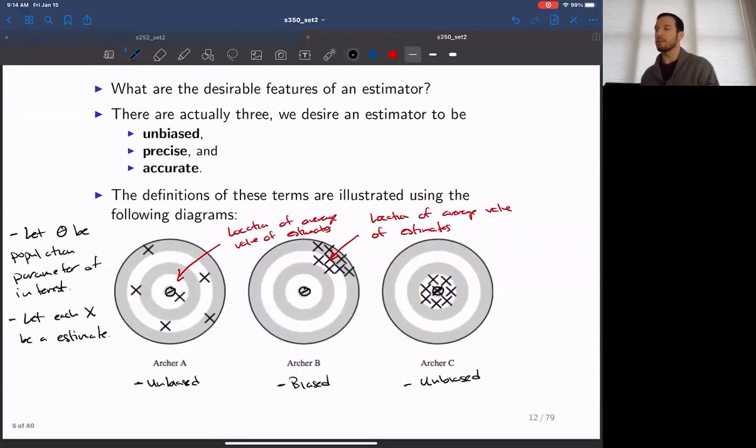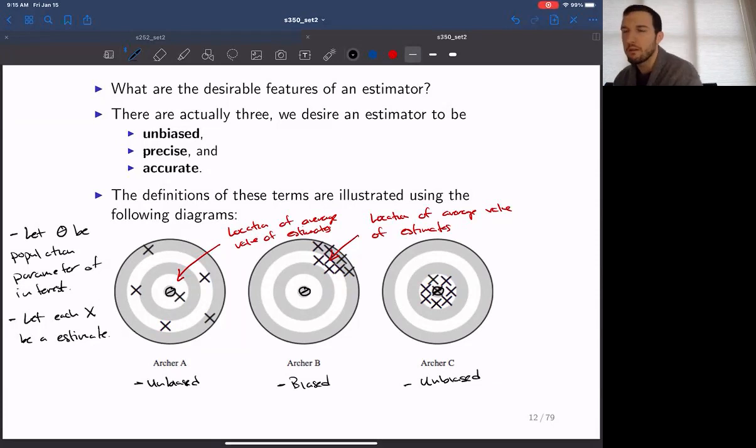All right, so we've established that Archer B is the biased collection of estimates, or the biased estimator, and Archer C and Archer A are unbiased. Now we can go a little bit further and continue to describe what we are observing in terms of the terms precision and accuracy. To be fair, the terms precision and accuracy are terms that I often confuse when I'm teaching them without this illustration.